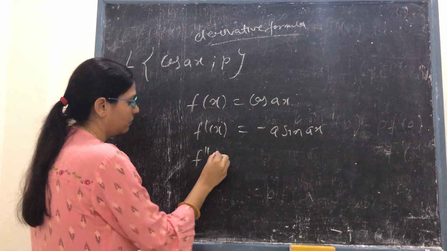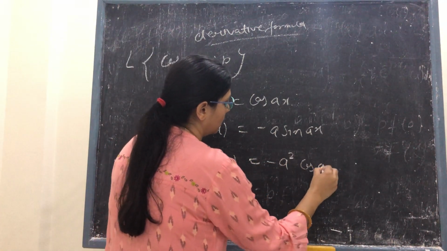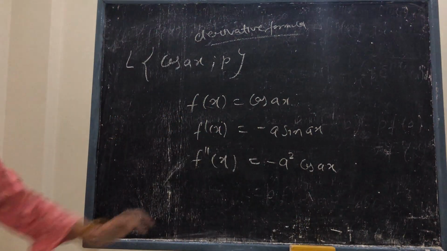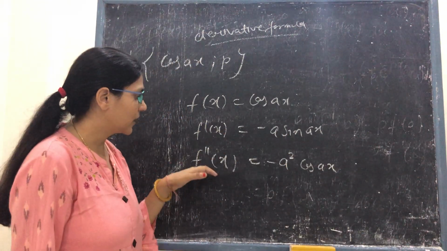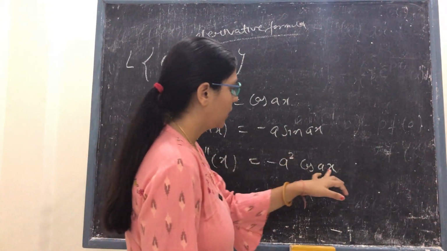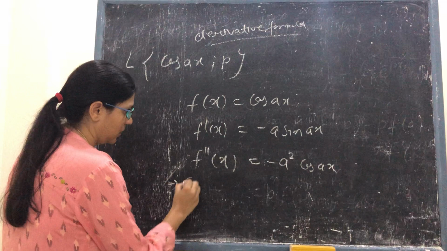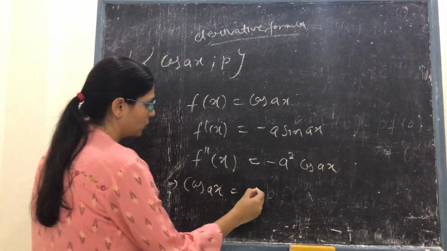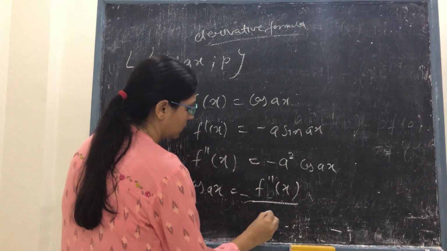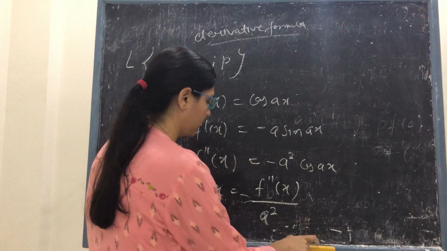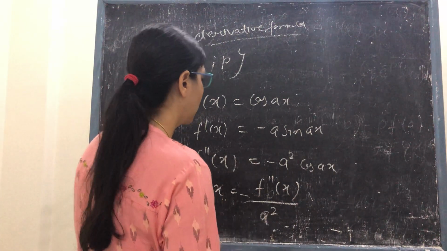If you find the second derivative, which is what? Minus of a square cos of ax. cos x का डेरिवेटिव क्या होता है माइनस ऑफ साइन एक्स, तो विच इज माइनस a sin of ax. अगेन वी फाइंड द सेकंड डेरिवेटिव f double dash x विच इज माइनस ऑफ a स्क्वायर cos of ax. तो we can write it that cos of ax equals to f double dash x over minus of a square. हम इसे ऐसे डेरिवेटिव में चेंज करने के लिए इस फॉर्म में लिख सकते हैं cos of ax equals to minus f double dash x over a square.